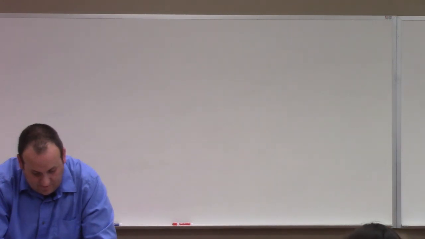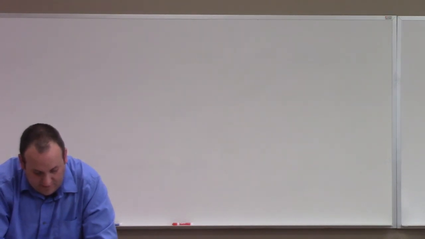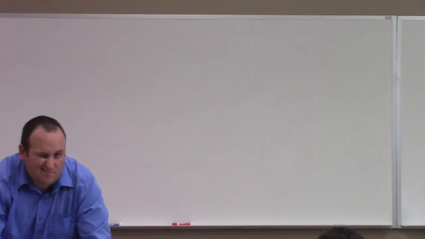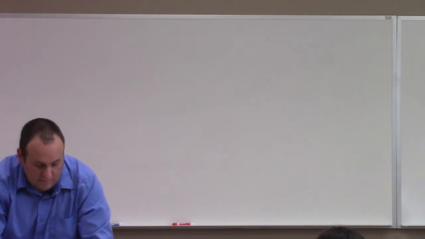So alpha goes from A to N, where A is the counting numbers from 1 to 99? Yeah, I think I usually would call that N sub 99, my notation, for what it's worth.